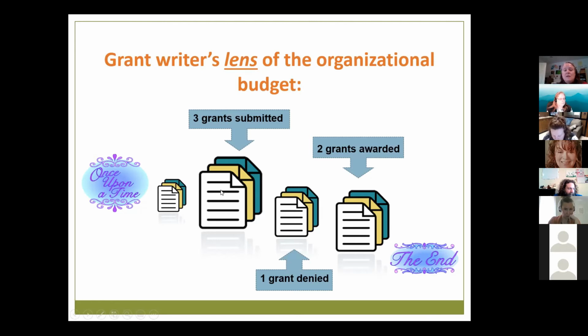It grows because we submit 3 grants and we have new ideas for future work. Some of our grants get denied, and so it shrinks. And then we have a couple that come in, and so the story keeps changing. Since that's the case, we're going to need to make sure that our organization knows that the budget picture is going to have to shift in their minds too.